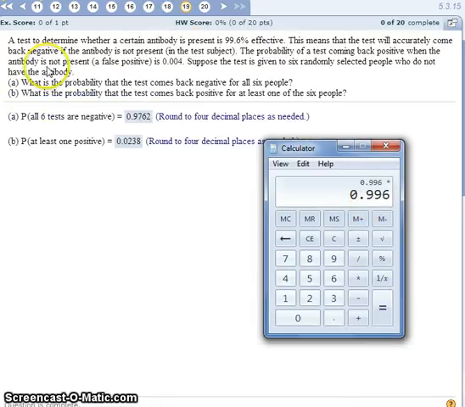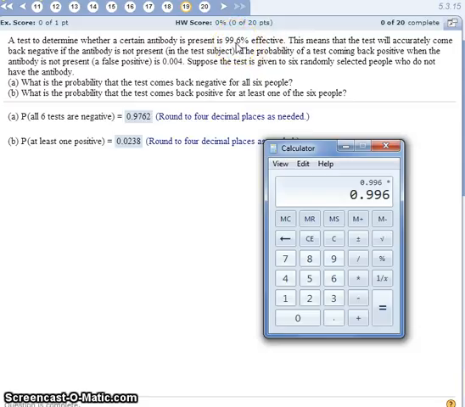For number 19, we're given information about a certain test. And part A says, what is the probability that the test comes back negative for all 6 people? We've chosen 6 randomly selected people, and they do not have the antibody, and the problem says 99.6% of the time this test is effective. And since they don't have the antibody, it should be coming back negative. That's the correct response, and the test will do it 99.6% of the time.